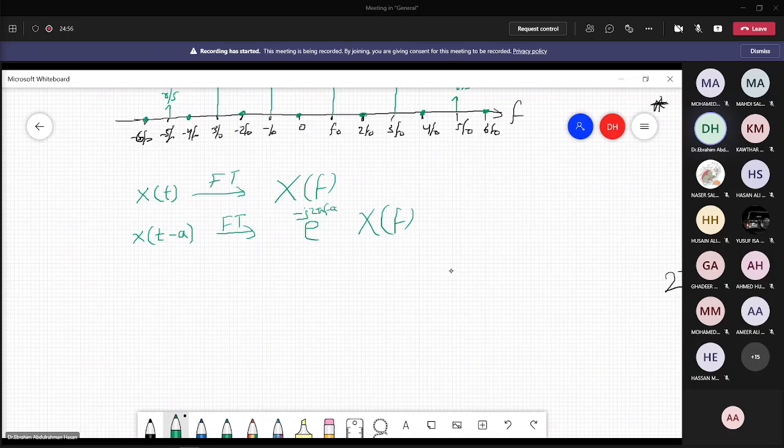If we have e to the power of minus j 2 pi f a times x of f, then the inverse Fourier transform means that we have a shift in the time domain. This is an indication that we have a shift in the time domain.